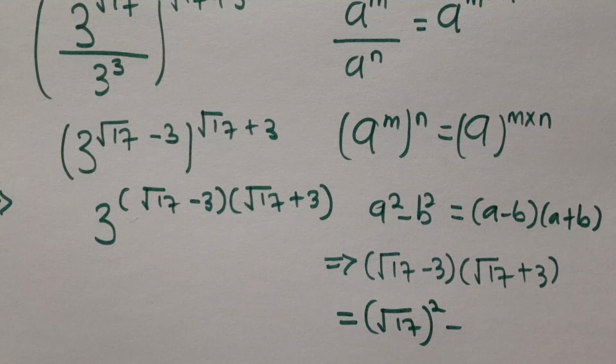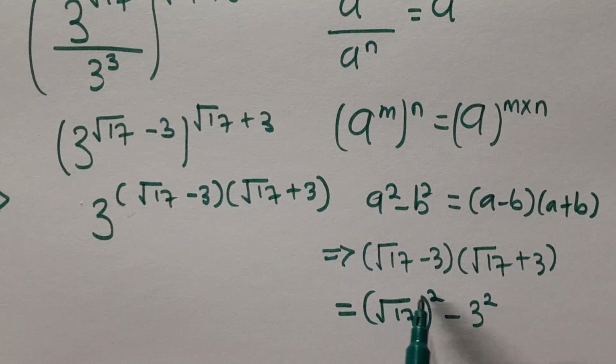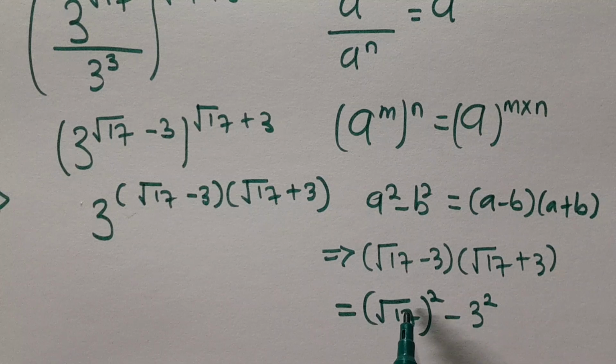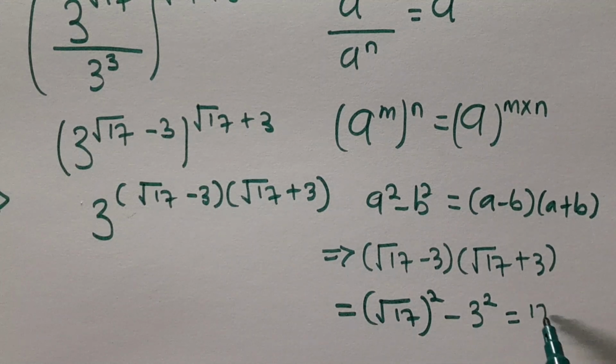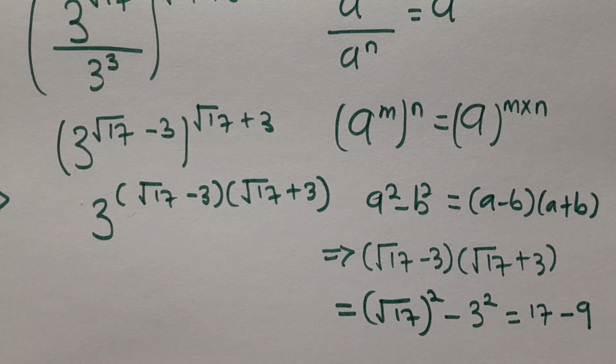minus 3 square. And we believe that this will cancel this out. When the square root cancels the square, what we are going to have will be 17. 3 square will now be 9.